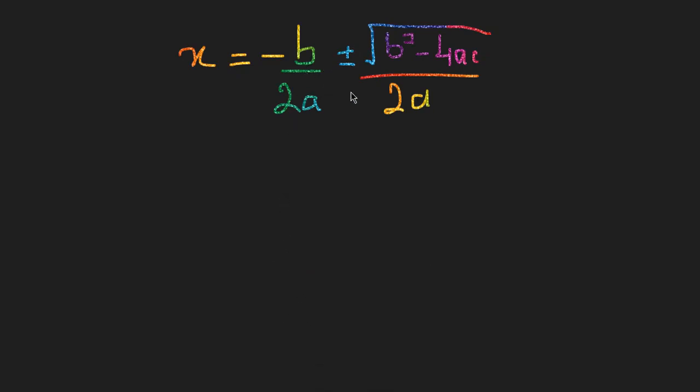Now these are two fractions, either in addition or subtraction. Whenever we subtract or add two fractions, we must make the denominators the same, which are already the same. So then we can add or subtract the fractions. Let's see the answer. It will be negative b plus minus the root of b squared minus 4ac, all over 2a.